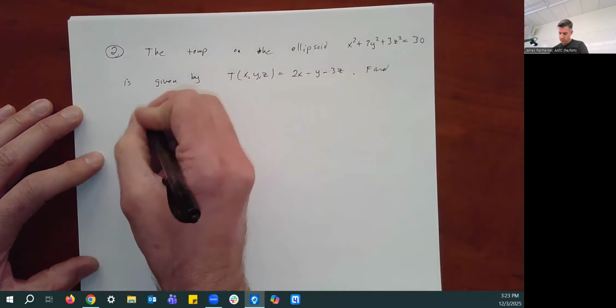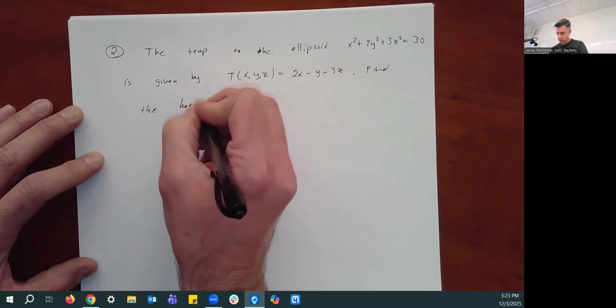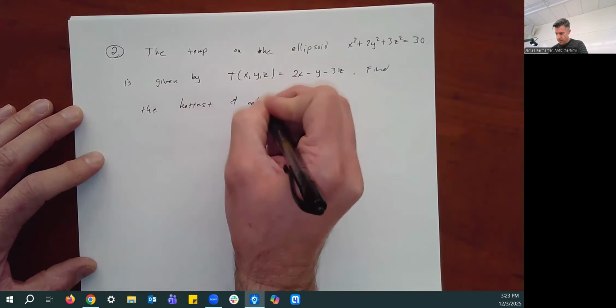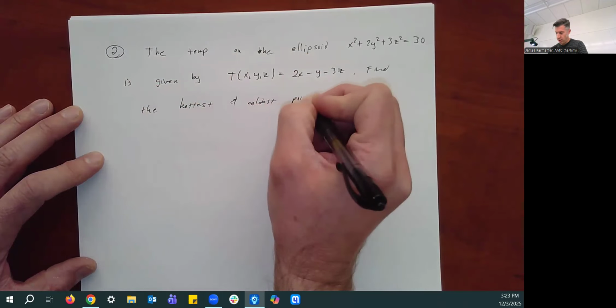Find the hottest and coldest points on the ellipsoid.